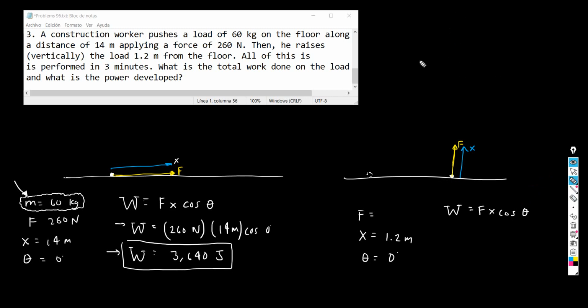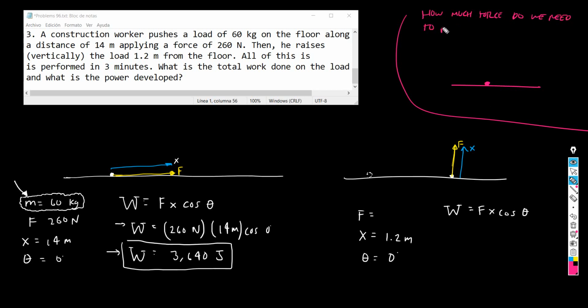When you want to raise a particle from the floor, when you want to raise it upwards, the question is, how much force do we need to raise a particle? How much force?